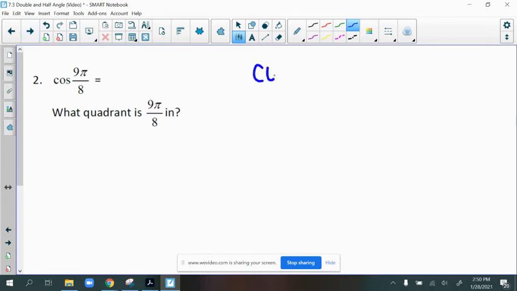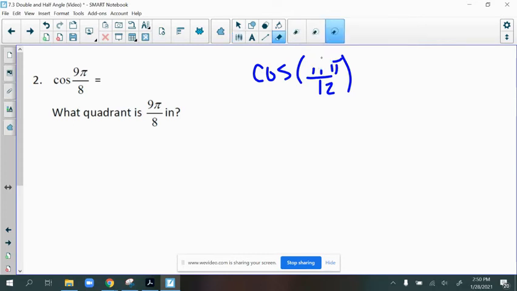And we did these problems the other day when we said, oh, let's evaluate 11 pi over 12 or something like that. Well, what you had to do is be sneaky, and figure out, well, maybe I won't use 11.